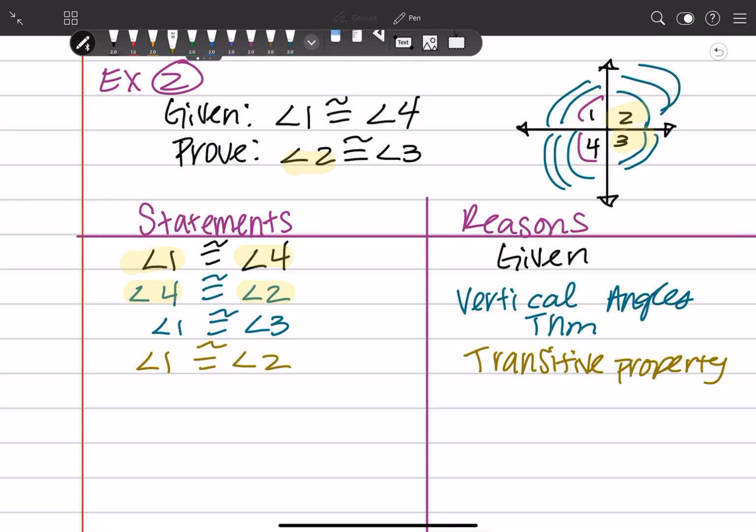Oh, what if we use our symmetric property right here? And our symmetric property, it's going to be the same thing, but all we're going to do is swap the sides.